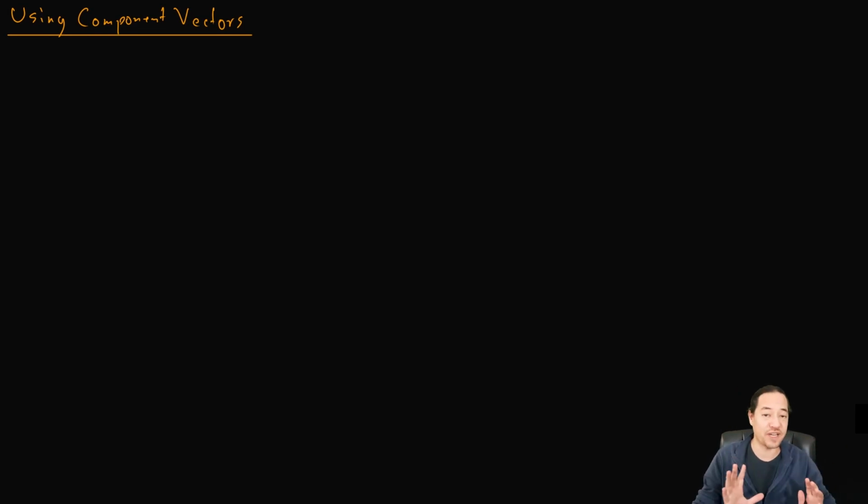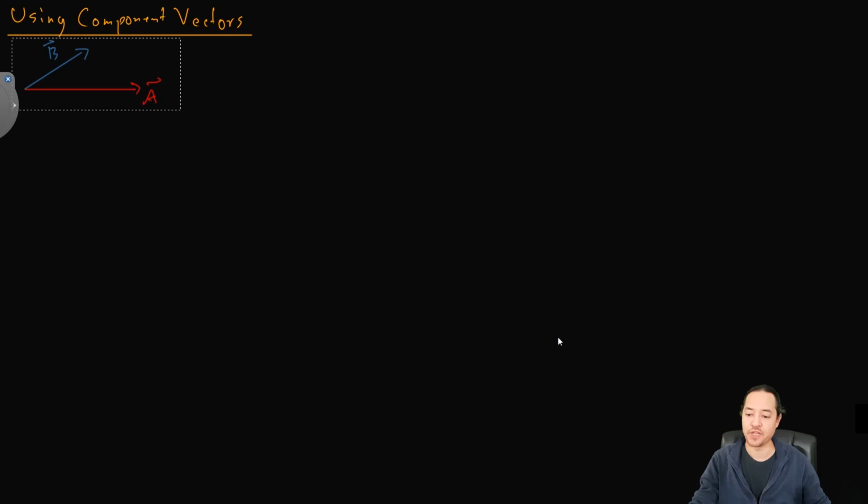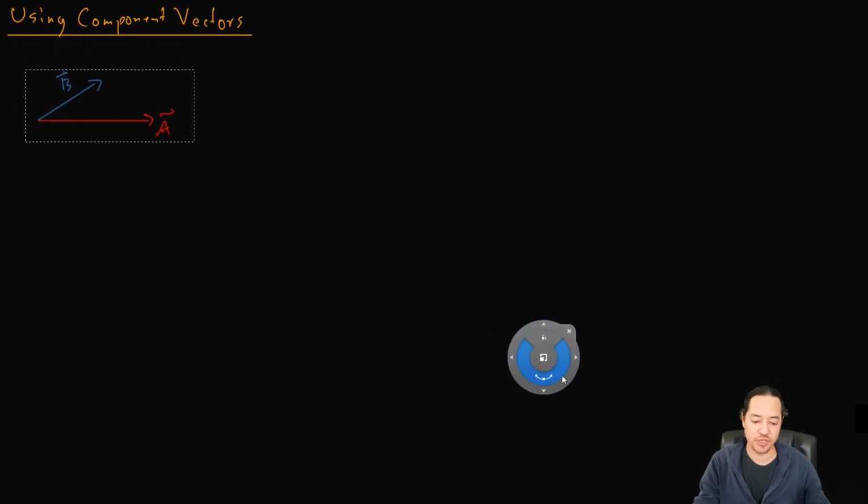We're going to look at another way to compute the dot product using component vectors. We spent a lot of time learning this IJK unit vector notation, so let's use it. Let's see if we can use that to describe the dot product, and we can. Let me bring back our little picture here.